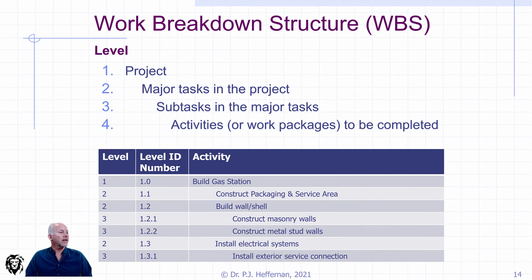So everything that belongs to, say, major task number 2 will get numbered 2.1, 2.2, 2.3, and whatnot. And if there are subtasks to that, 2.11, 2.12, 2.13, so that they all make cohesive sense, whether seen as a list or as a tree diagram.